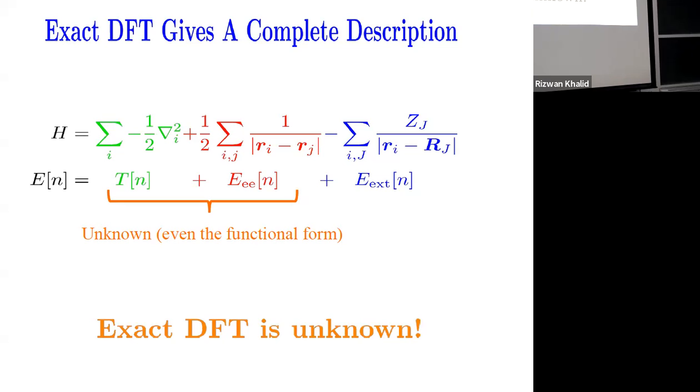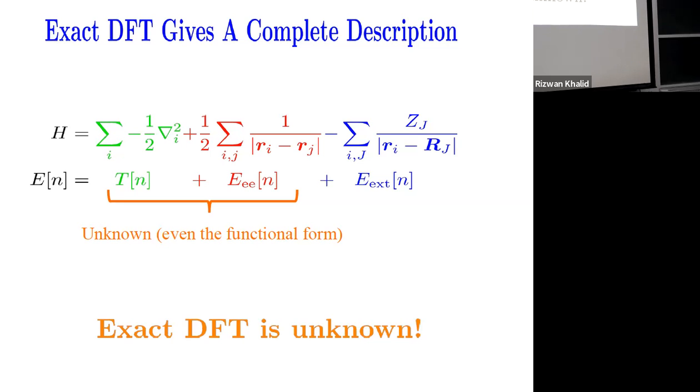This form, the external energy, is actually easier to tackle. Just integrate this function by multiplying it with the density, and you get the external energy. So the energy from this term is easy, but these two terms are difficult to deal with. We do not know their functional dependence on the density.